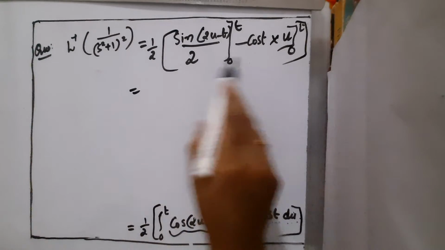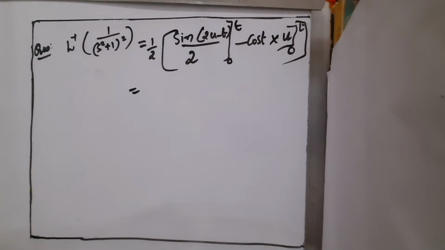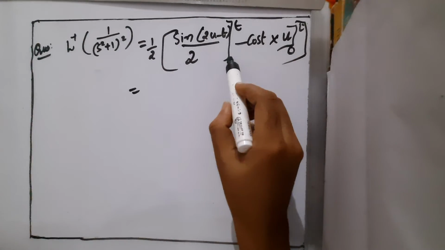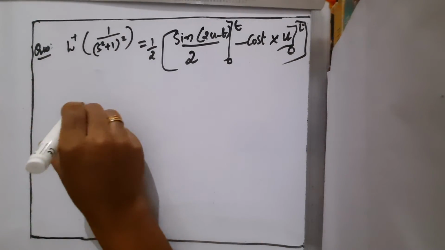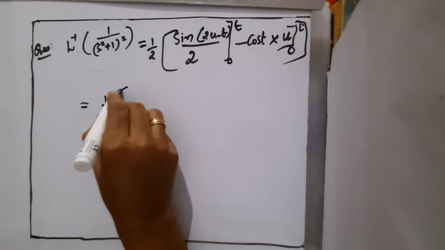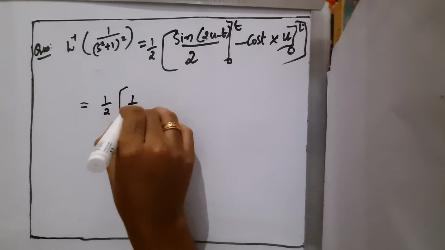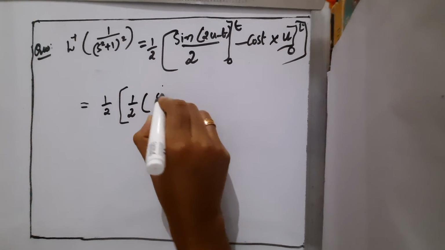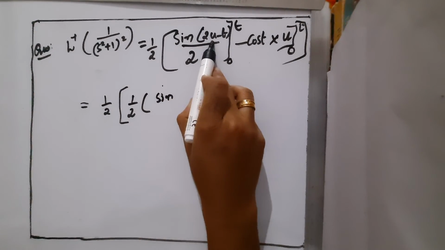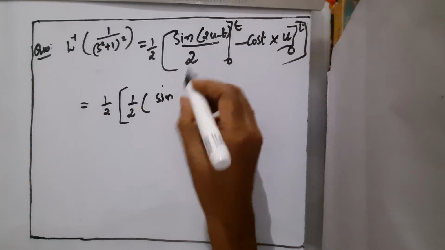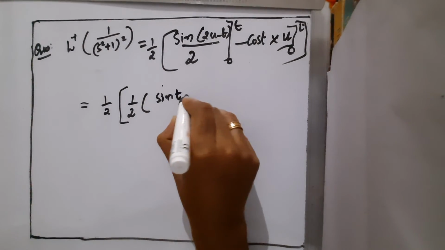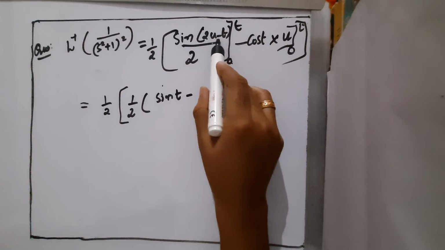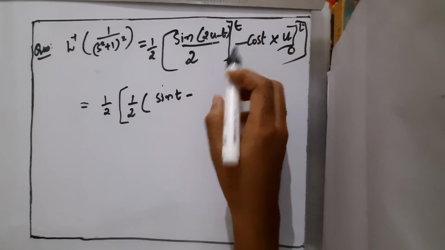Half is common to both the terms. So now we take the upper limit and lower limit. This is equal to 1 by 2 into, the 1 by 2 taken outside, and upper limit t: giving t to u in the sine, 2t minus t, that is sin t. Minus, giving 0 to u, sin of minus t, and sin of minus t is minus sin t.